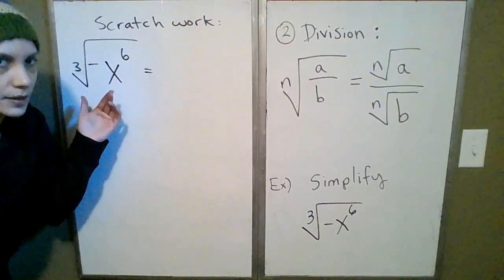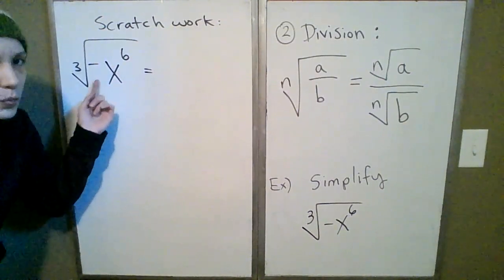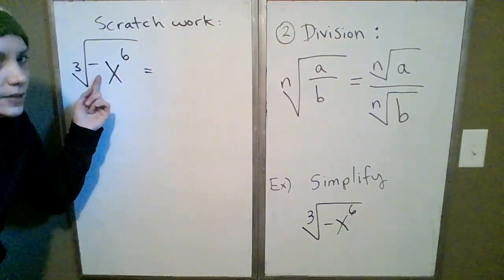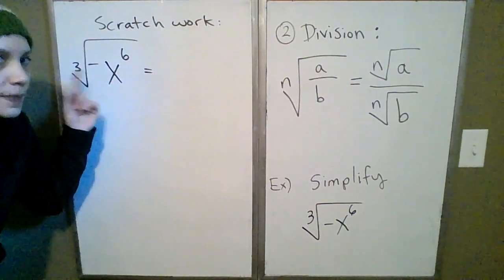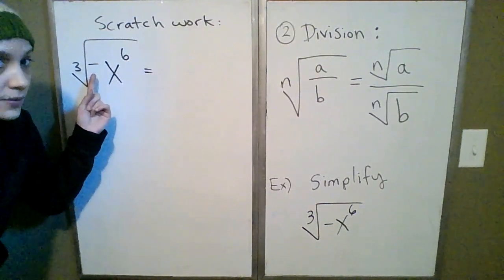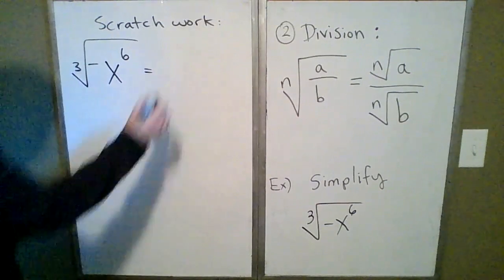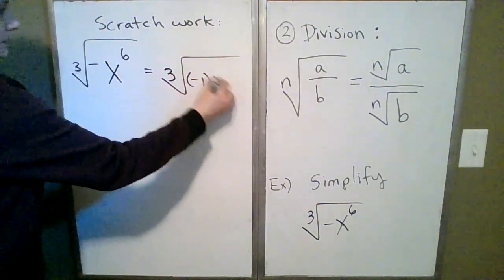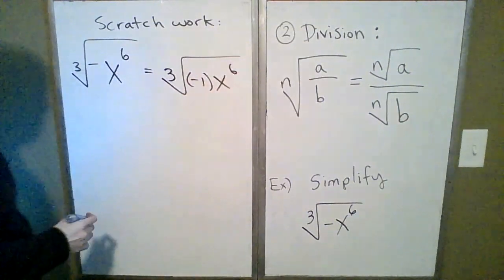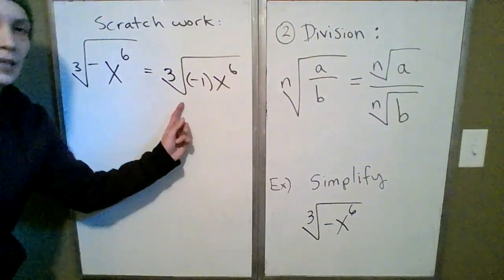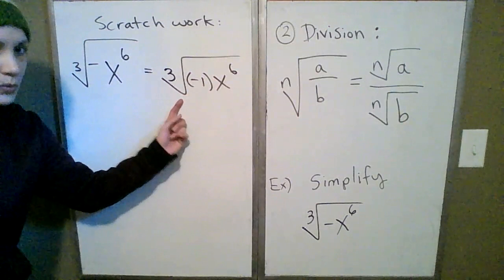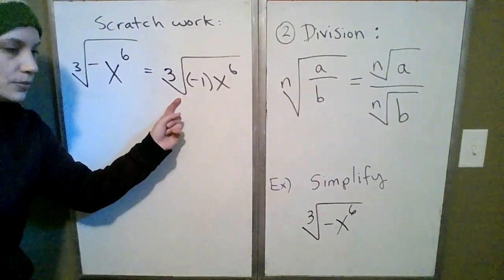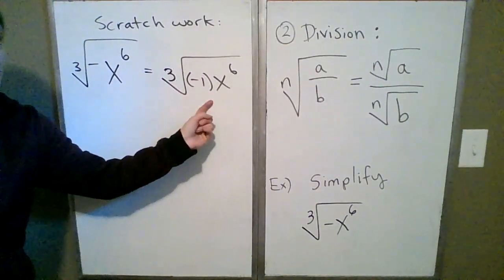Okay, so this is a problem where I'm going to explain why this negative sign ends up in the front. So let's take that negative and write it as -1. And then we're going to use the multiplication rule and have cubed root -1 times the cubed root of x to the 6th.